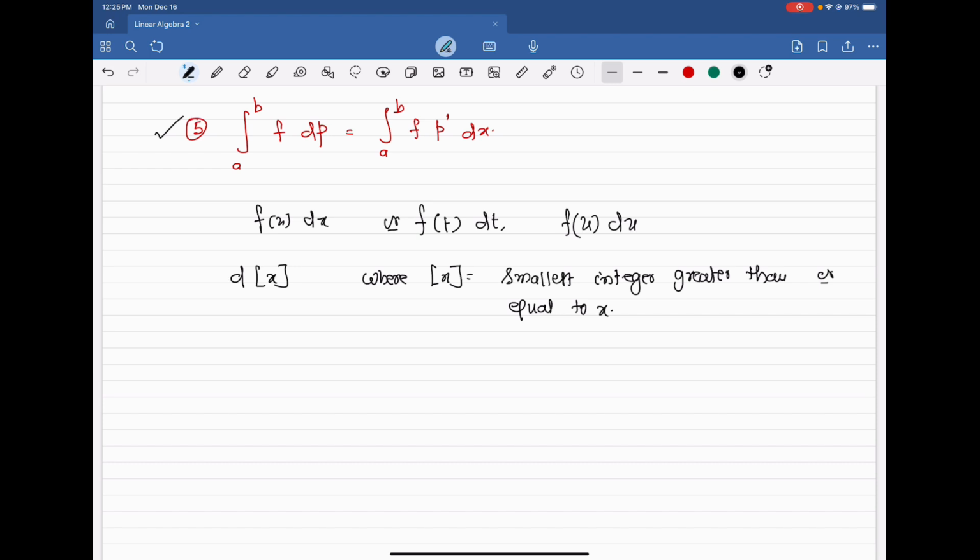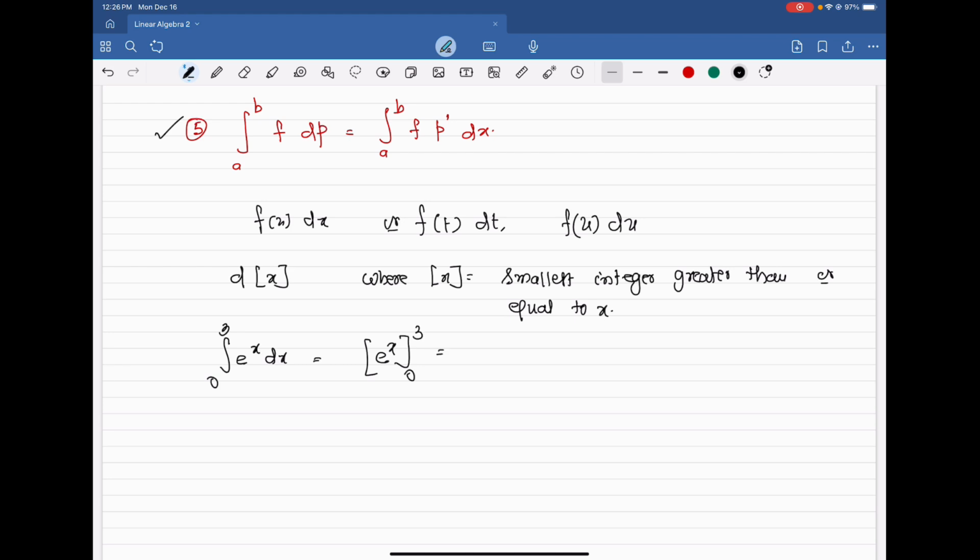For example, what is the value of integral e to the power of x dx from 0 to 3? This is nothing but e to the power of x between limits 0 to 3, because it's a continuous function.